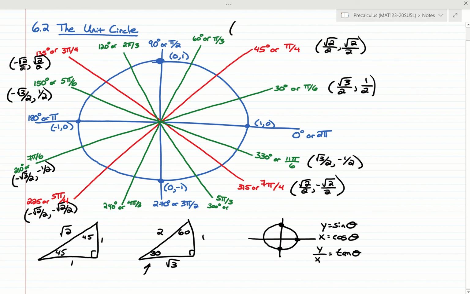Looking at my 60-degree angle right here, it looks like the cosine would be 1/2. Cosine's the x value. And the y value would be √3/2. Now I'm going to do the same thing for all of my other angles that have a reference angle of 60 degrees.